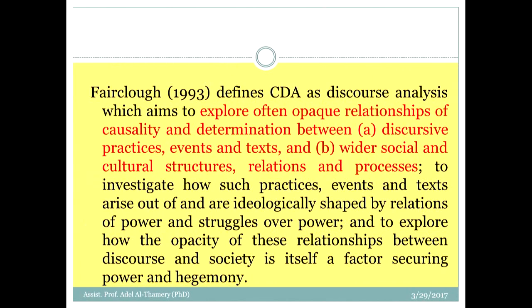And of course, in order to investigate these practices, events, and texts, there is a need to study ideology and how ideology shapes the ideas of the people, the attitudes, and how these attitudes are also shaped by the power and struggle relations in society.